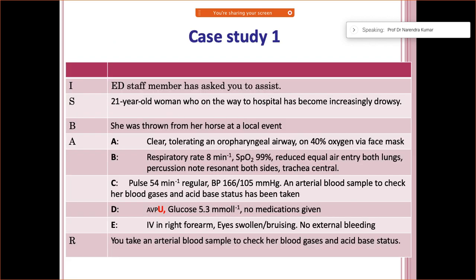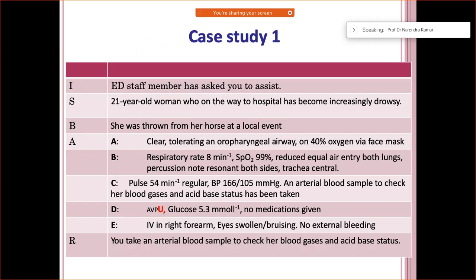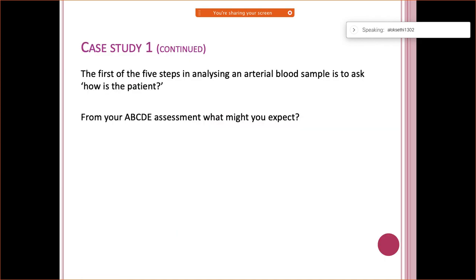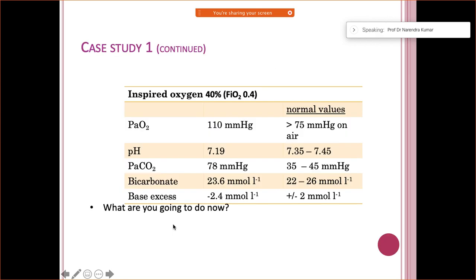Over here, ABCDE is airway, breathing, circulation, D for glucose, and E for exposure. Don't forget: airway, breathing, circulation, glucose, drugs, E for exposure. Okay, you did the ABG.